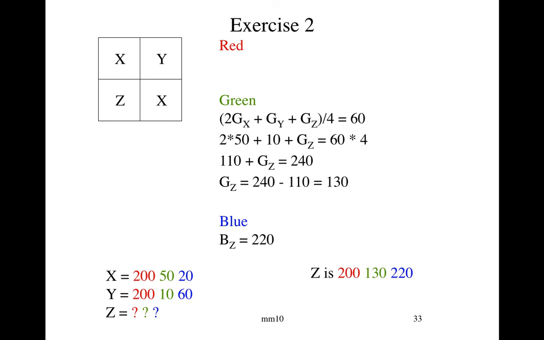So it's the green. I worked out the blue to be 220. Did you guys work it out as 220? You could plug in 220, see if it works. 20 plus 20 plus 60 is 100. Plus 220 is 420. 420 divided by 4 is what?